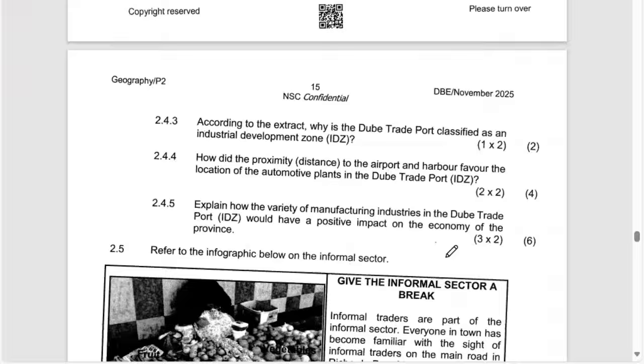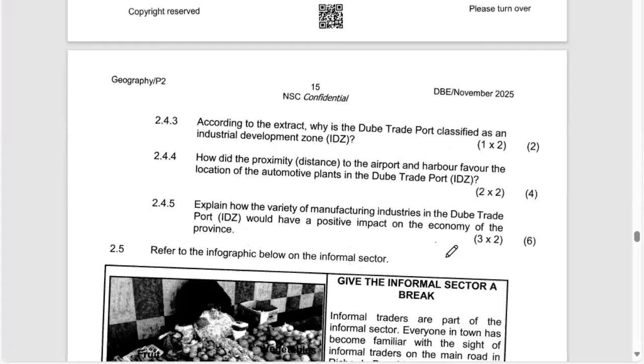Then the next question is saying, how did the proximity or the distance to the airport and the harbour favor the location of the automotive plants in the Dube Trade Port? The vehicle manufacturing businesses, how are they favored by the location of the Dube Trade Port close to the harbour and the airport?